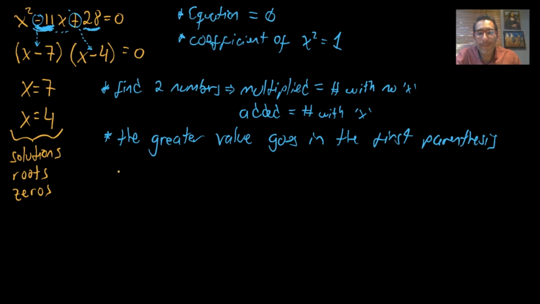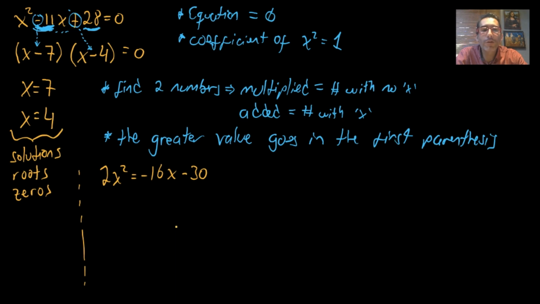Let's say that you're given the equation 2x squared is equal to negative 16x minus 30, okay? That's the equation, and we need to solve it. It's a quadratic equation because we have x squared.